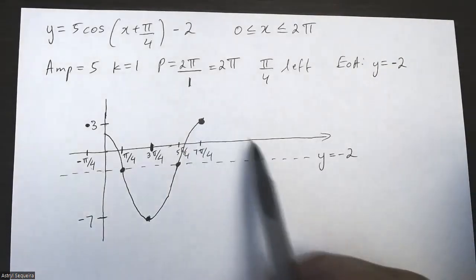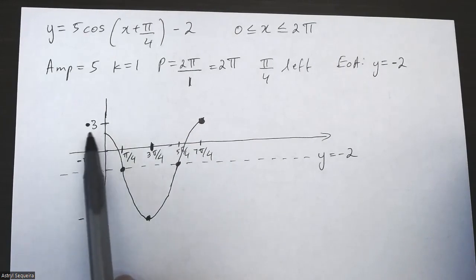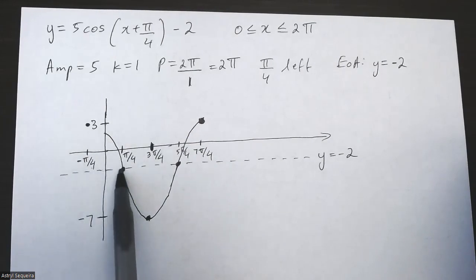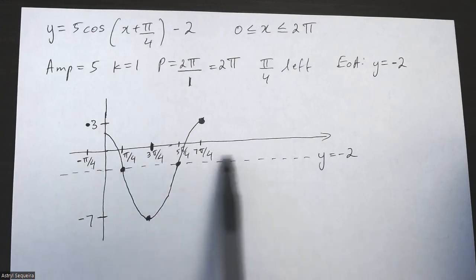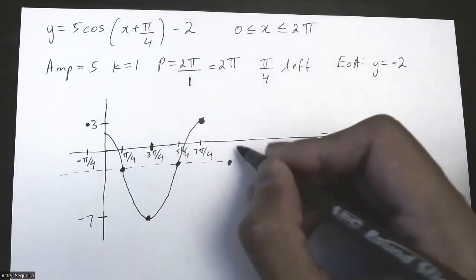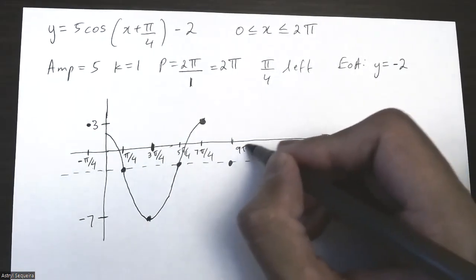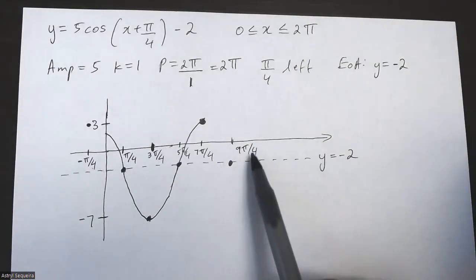So now I want to see how much further do I go over here. So I'm going to take my next point here and add 2 pi to give me the next axis point here. So if I do pi over 4 plus 2 pi, I'll get 9 pi over 4. But 9 pi over 4 is slightly larger than 2 pi.